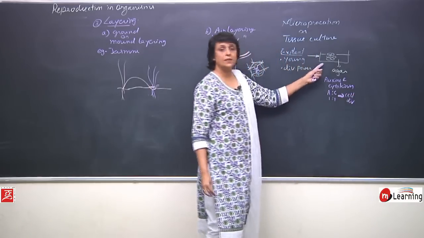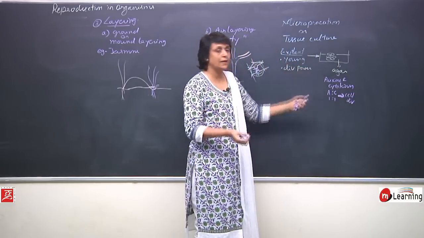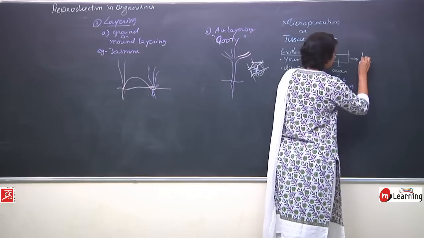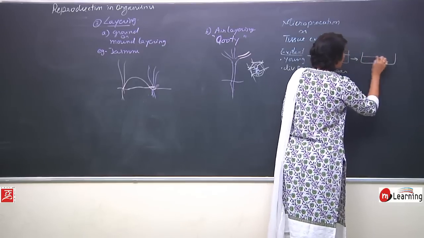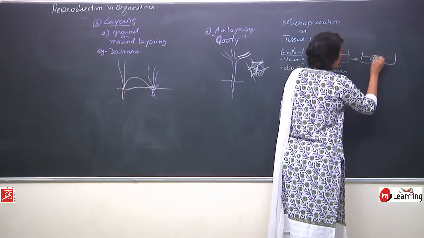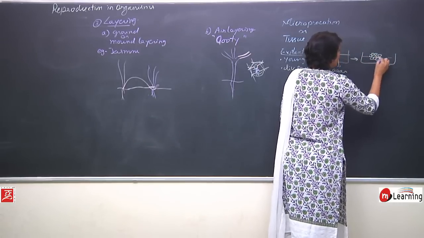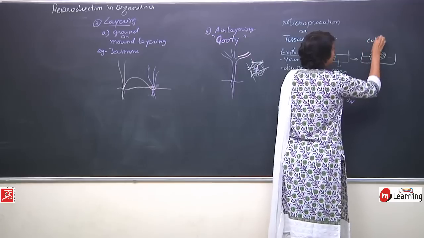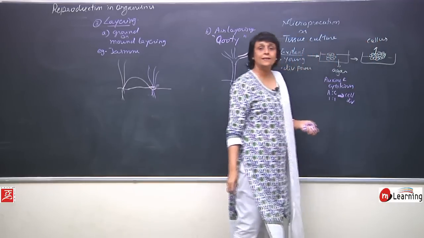As a result of this, these initial few cells, they will divide and divide and divide, and what we get here is a mass of undifferentiated cells. This is known as callus. What is callus?